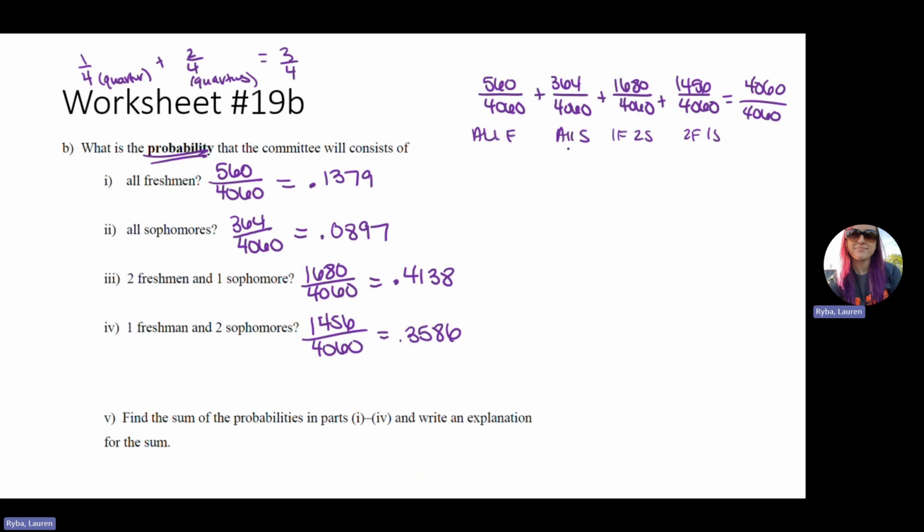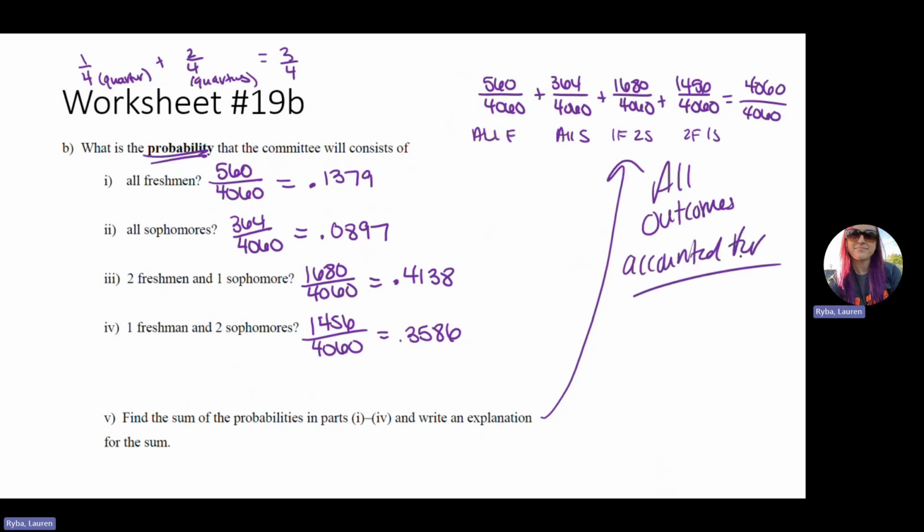No freshman means all sophomores. We've accounted for every single possible grouping, so we've totaled our total. Exactly. All outcomes accounted for. So this is an example here of a probability distribution, because you have all the individual probabilities that can then sum to our total of 1.